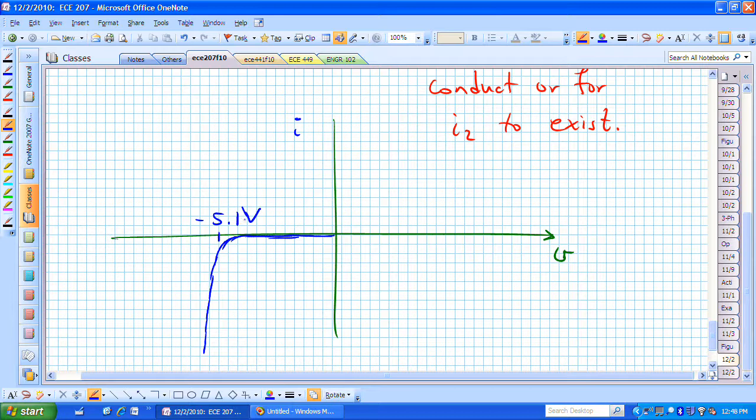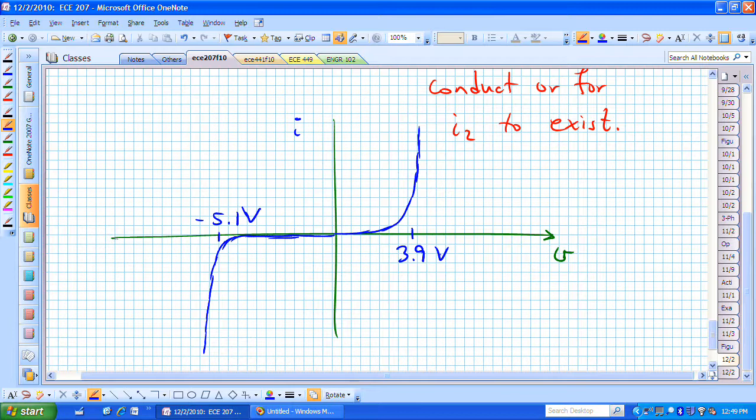And we still have the forward behavior, which allows current to flow as long as our voltage exceeds 3.9 volts. This is now the answer that we need for this particular circuit. This is what the current-voltage relationship will be for problem 10.7 part B.